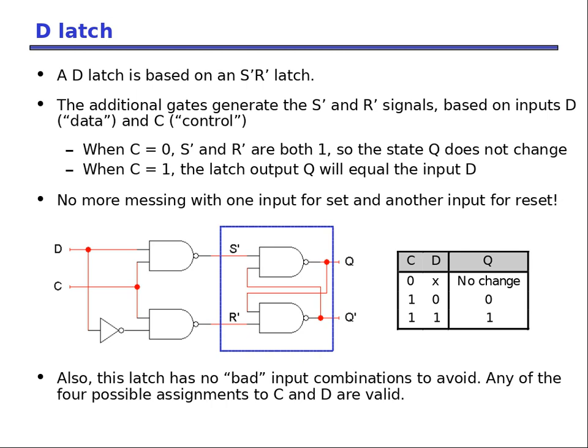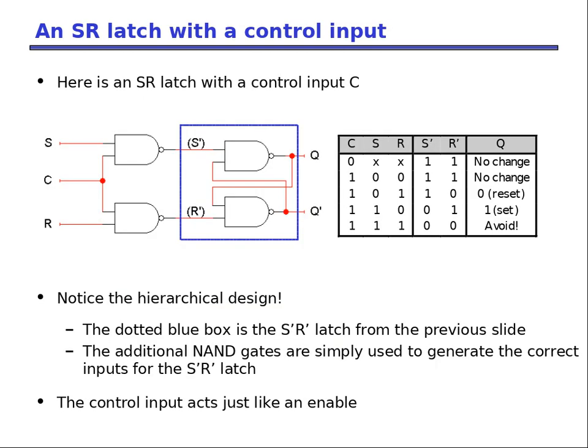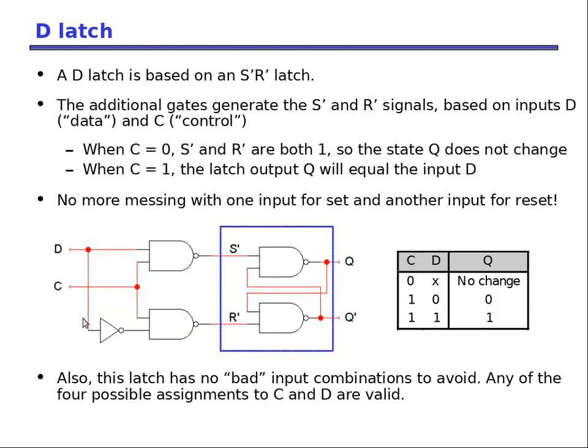Well, real quick, let me bounce back. Notice that it's the same circuit as your SR latch with the control input, but now you have a NOT here. What this does is force what comes on top to always be the opposite of what goes on the bottom because you're inverting it. Therefore, it's either going to be 0 and 1 or 1 and 0, which is good because that's what we really wanted.